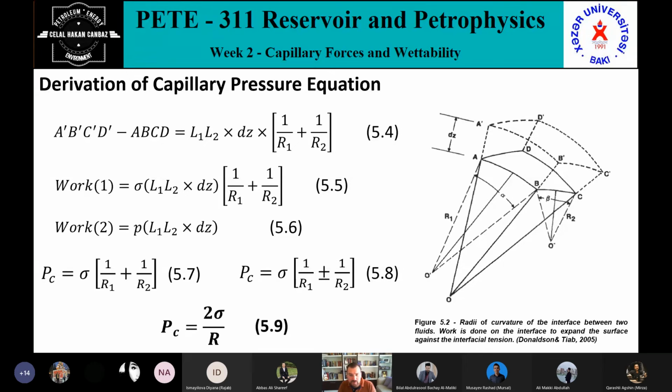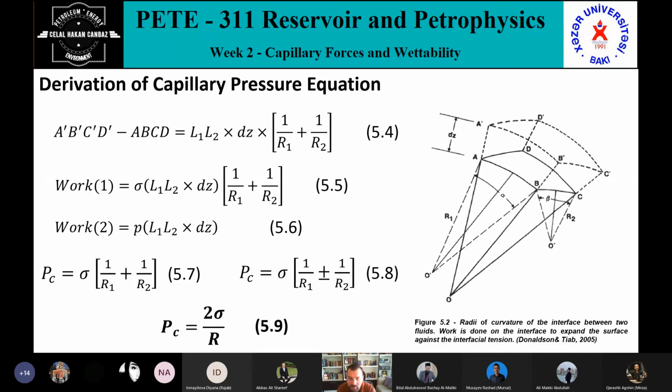However, when a porous medium is considered, R2 may be negative as well. So let's make the equation more general, and I can write it with a plus or minus. In the real situation there can be a minus also, because if you put it in a cylindrical order, R2 can be in the negative part compared with R1.